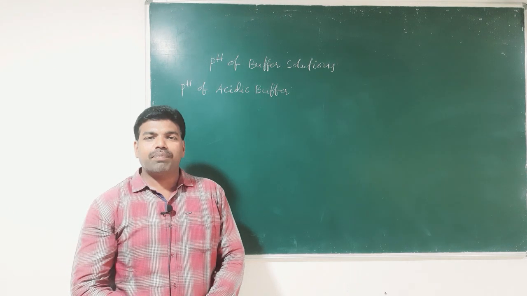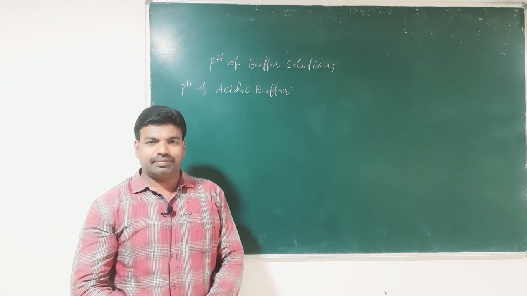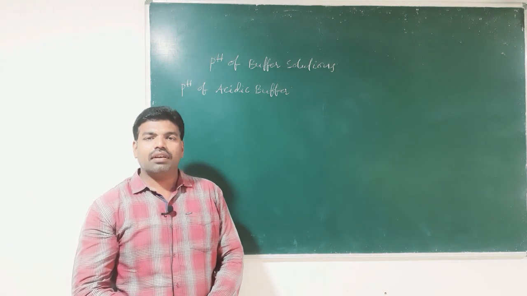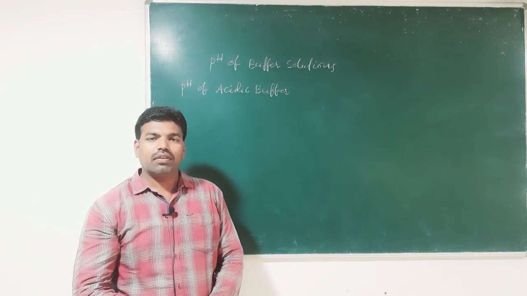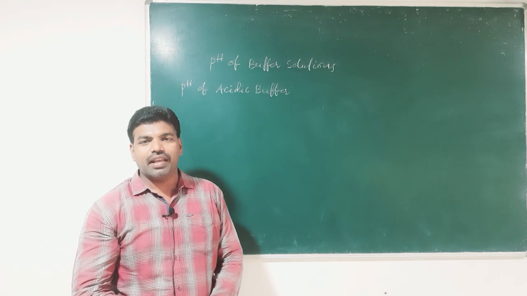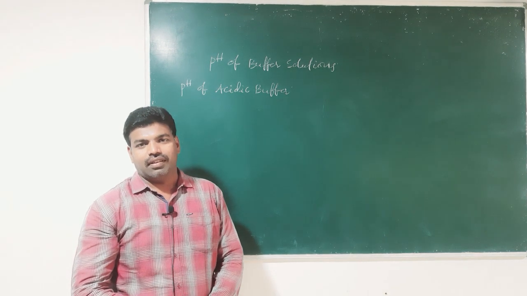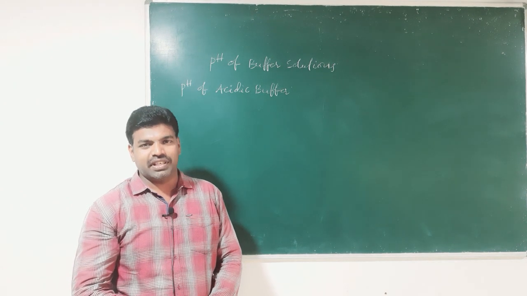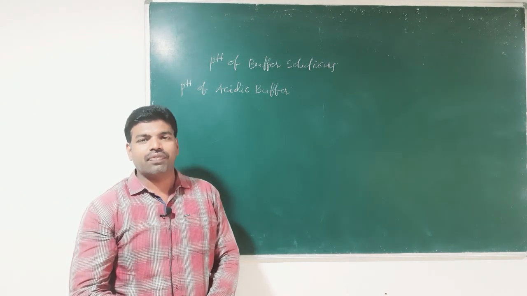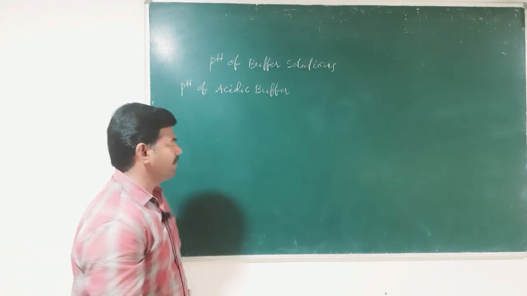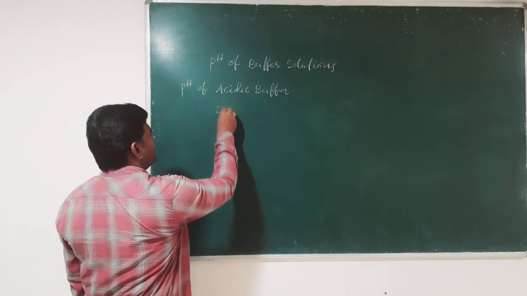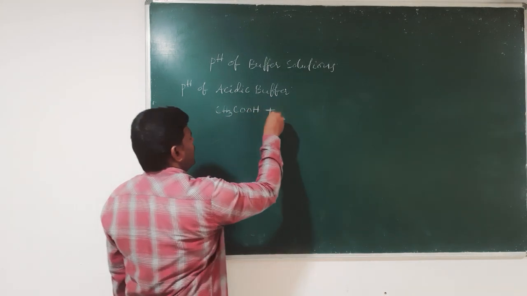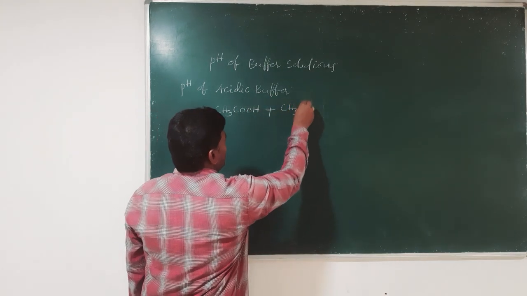What is the example for acidic buffer? I pose a question to you all. In the last classes, we had gone through the buffer solutions, and the best example for acidic buffer is acetic acid and sodium acetate.